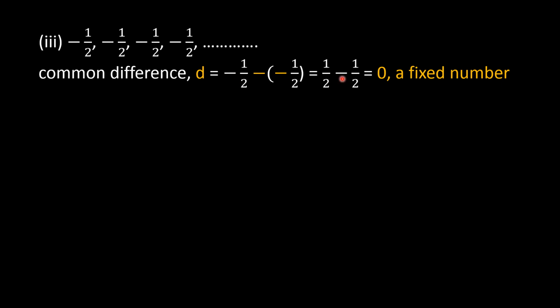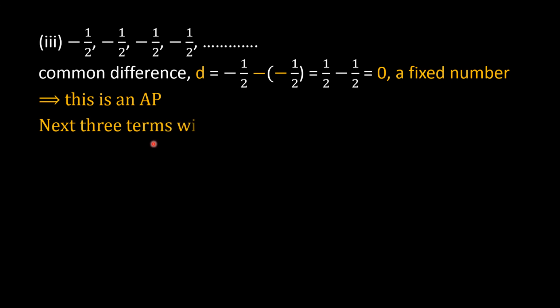So it will be half minus half, 0, which is a fixed number. So since the common difference is a fixed number, we conclude that this list of numbers is an AP.